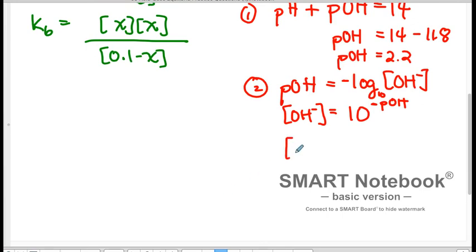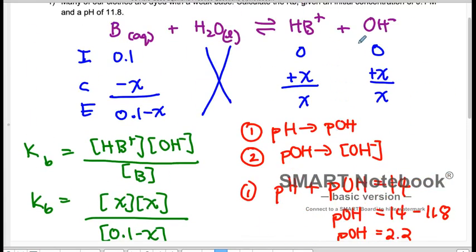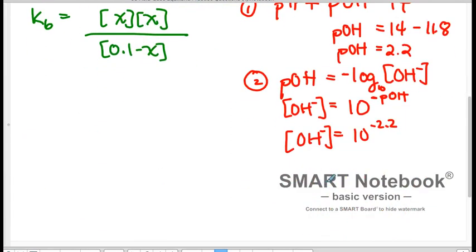So the concentration is equal to 10 to the power of negative 2.2. We can plug this in to our expression because hydroxide concentration is equal to X. So I'll write that over here.